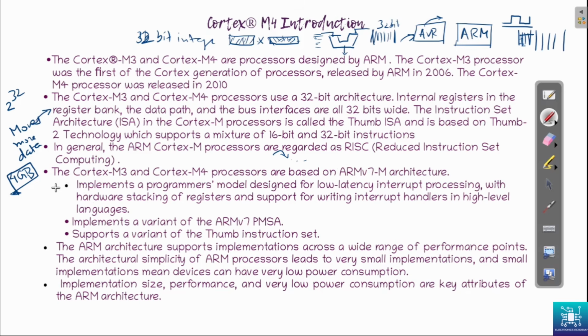So the Cortex M3 and M4 processors are based on the ARMv7-M architecture, and this implements a programmer's model designed for low latency interrupt processing. So ARMv7-M, that is the architecture that we are going to study. Cortex M4 has ARMv7-M architecture, implements a programmer's model designed for low latency interrupt processing with hardware stacking of registers and support for writing interrupt handlers in high-level languages.